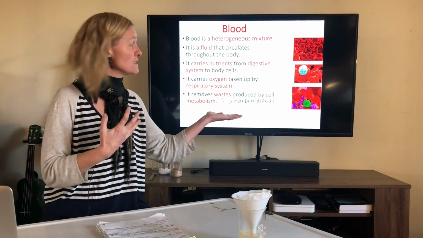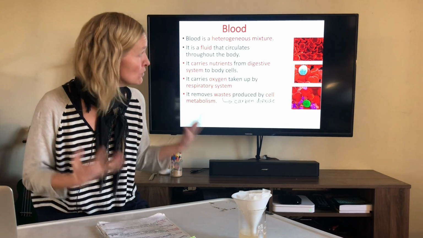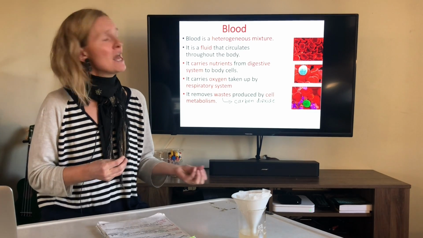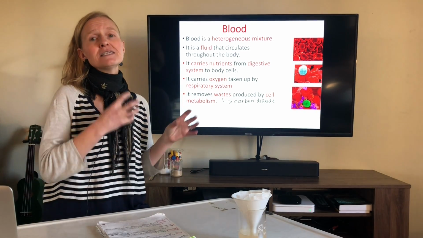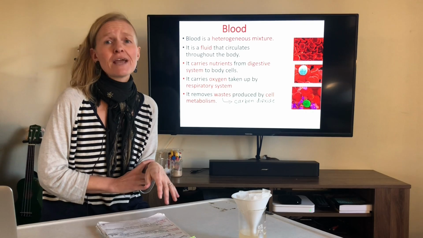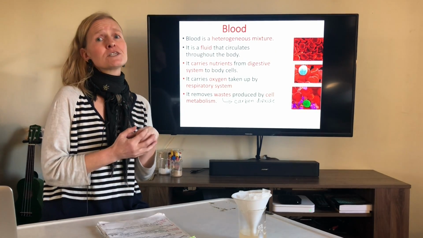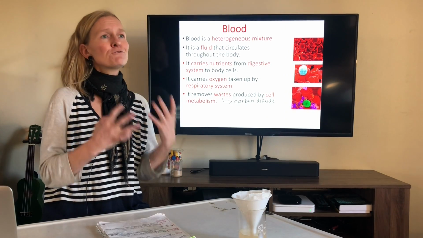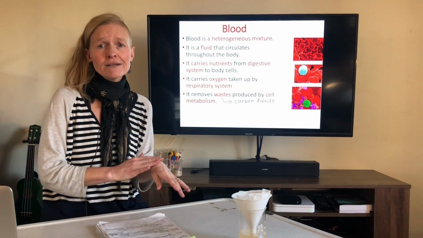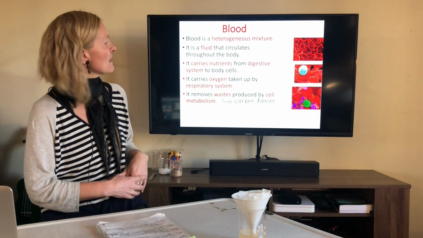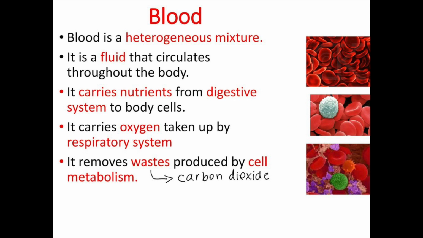So for example, carbon dioxide is one of the wastes that's removed. And then we have all the different types of blood cells, and the blood cells are moving to different places. If you have a cut on your hand or something, your body's going to send white blood cells, or it's going to send different things to fix that area of your body, or if you have inflammation somewhere. And so our blood is an example of a heterogeneous mixture that's in us.